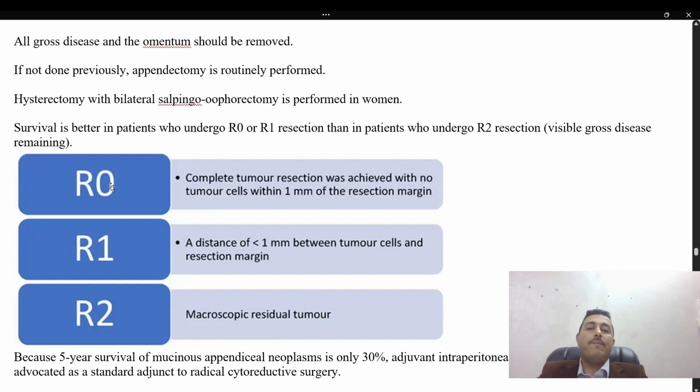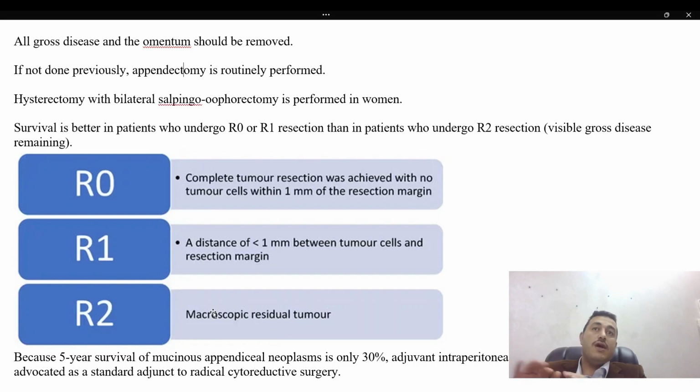R0 is when you completely remove the tumor with no tumor cell within 1 millimeter of the resection margin. This is called microscopic resection. While R2, it's what we see, we remove only. But R0 is guided by the histopathological reports.